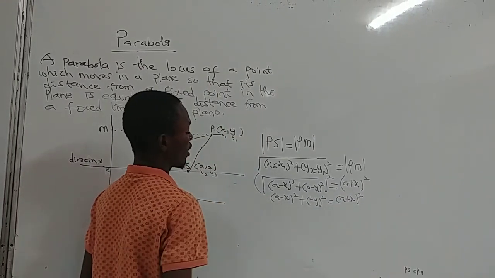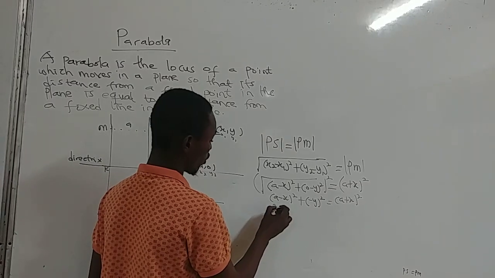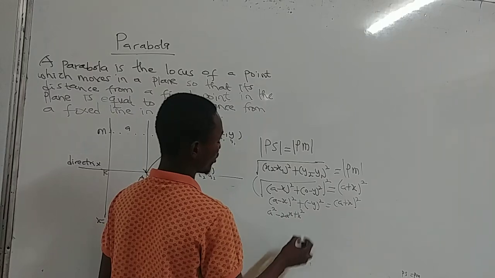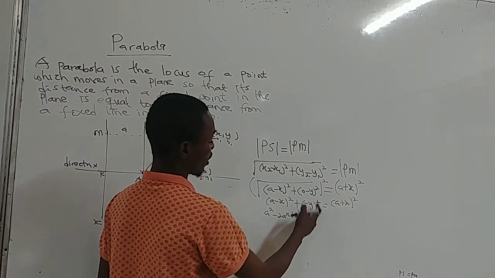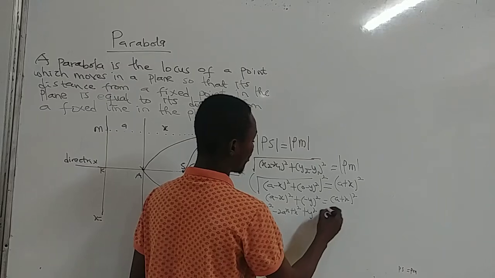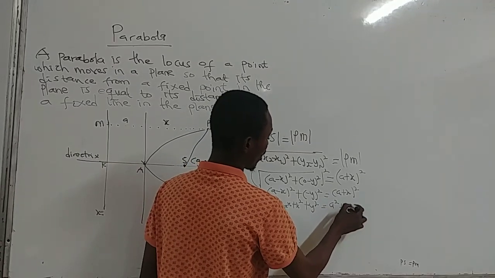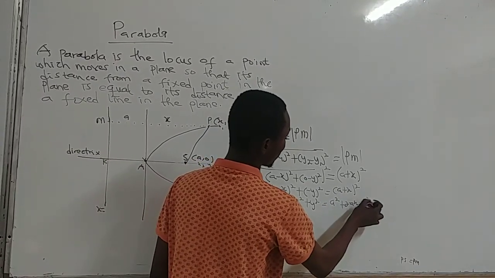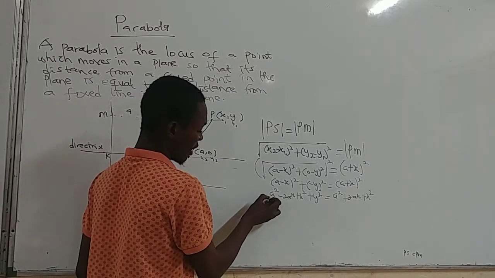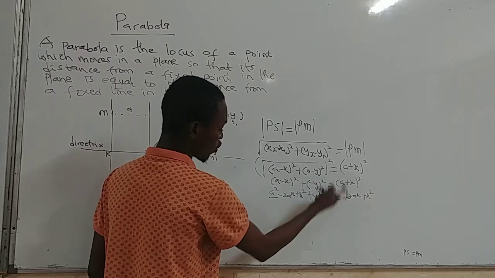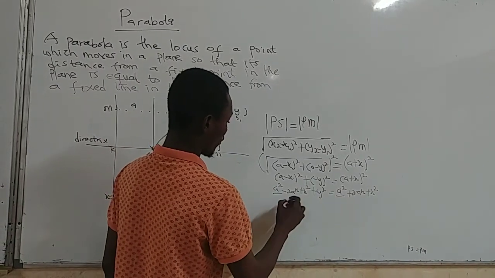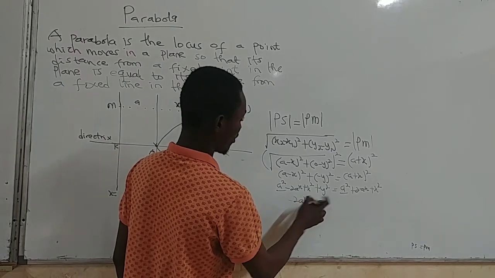Expanding the brackets, this gives us a squared minus 2ax plus x squared, plus y squared, equal to a squared plus 2ax plus x squared. Clearly, a squared takes care of a squared, and x squared takes care of x squared.